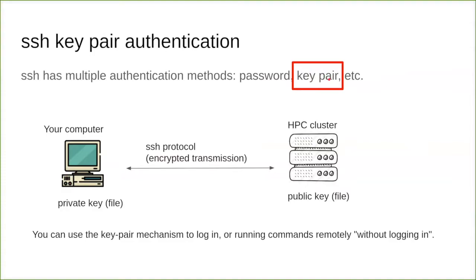So there are two items, and to be exact, there are two files. One is called the private key. This is a file, and there is a second file called the public key. These two are a pair, so they work together. And the private key has to match with the public key when the login occurs.